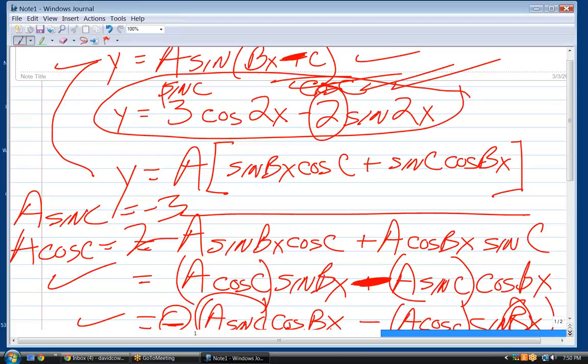It has to be y equals some A times the sine of 2x minus, if I make that a 3, yeah.